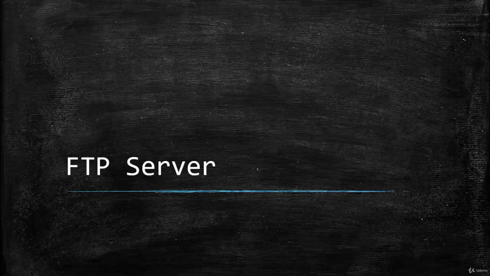Hi guys, welcome to this video. FTP Server. The file transfer protocol is used to move files between computers. It is important to note that FTP does not encrypt files or the communication channel between computers. So any file traversing the network or internet between the computers can be seen by anyone monitoring the network.